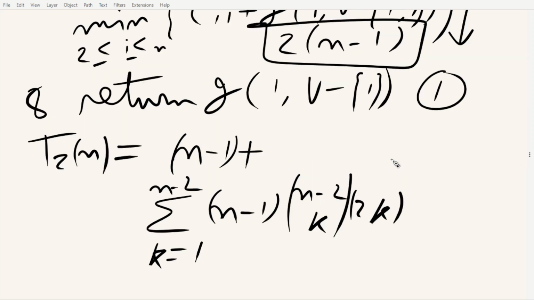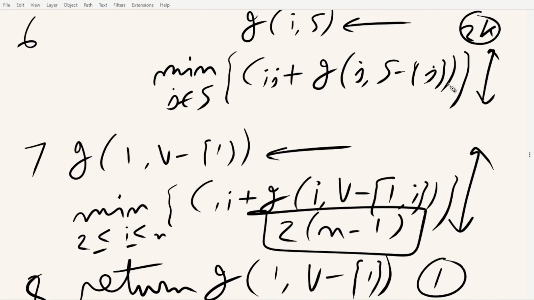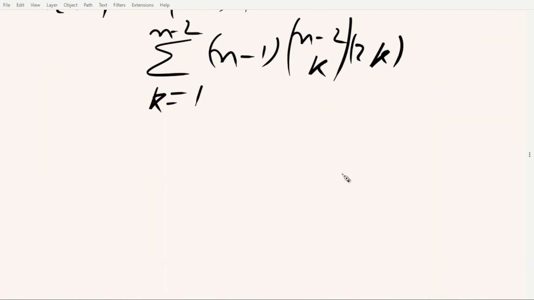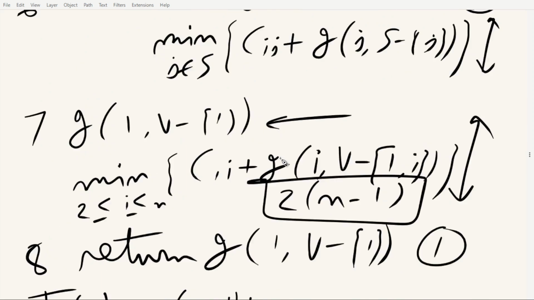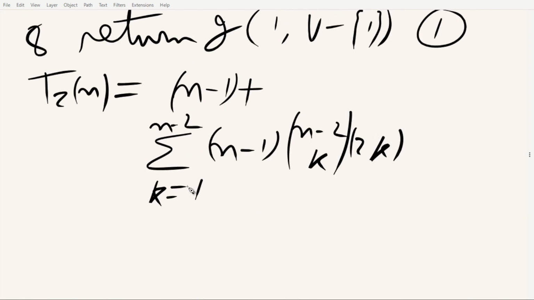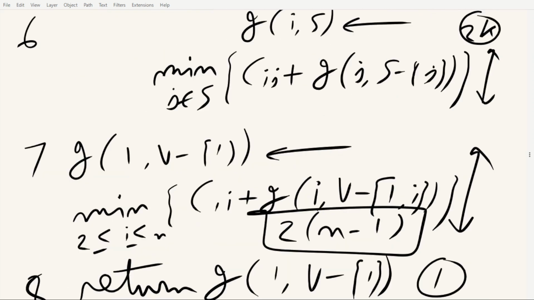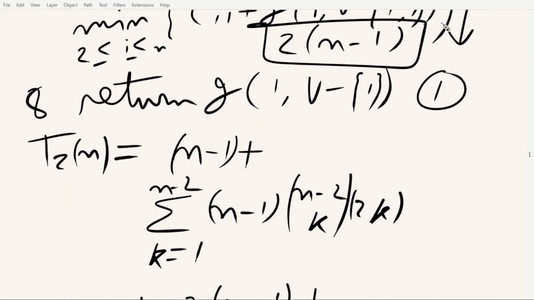This 2k is the complexity of line 6, n minus 2 choose k is for line 5, n minus 1 is for line 4, and the summation is from k equal to 1 to n minus 2, plus 2(n minus 1), which is for line 7, and line 8 is 1.